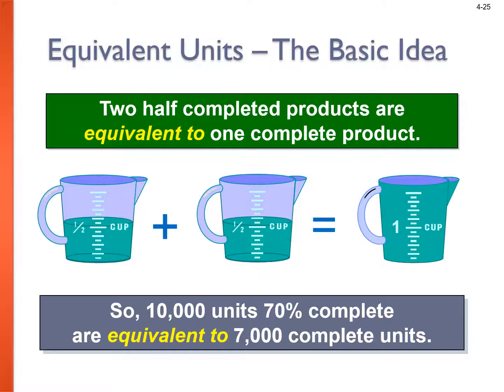So 10,000 units that are 70% complete are the equivalent to 7,000 complete units. Now that doesn't mean we say, oh, we're going to sell or transfer these. No, it's meant for assigning costs. That's why we need to determine equivalent units so we know how to assign direct materials and labor and overhead.